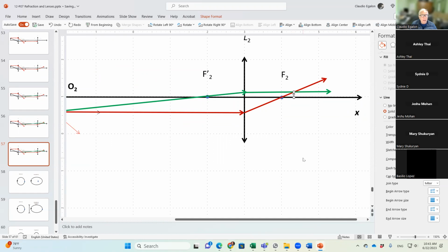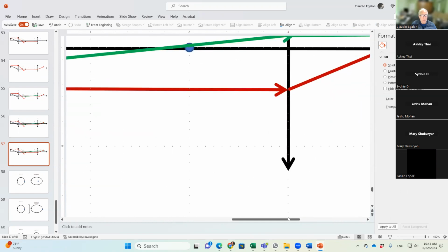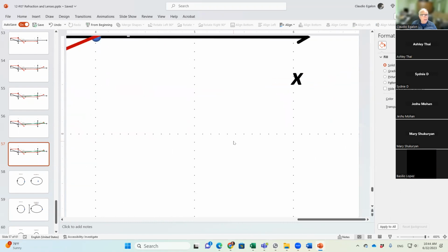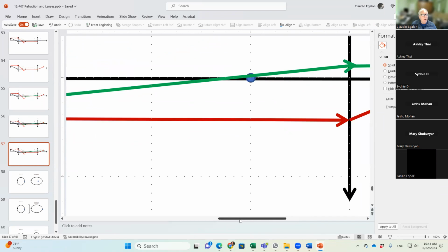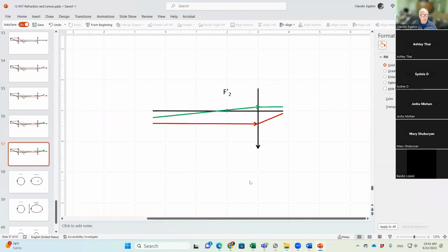Okay. Yeah, very small, right? That's gonna be my image of two. And now the image is upright.